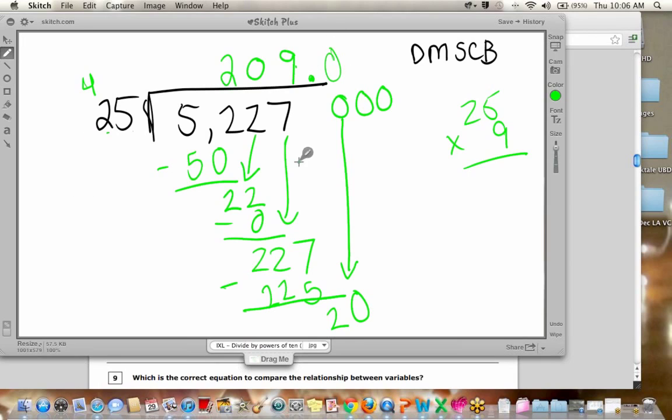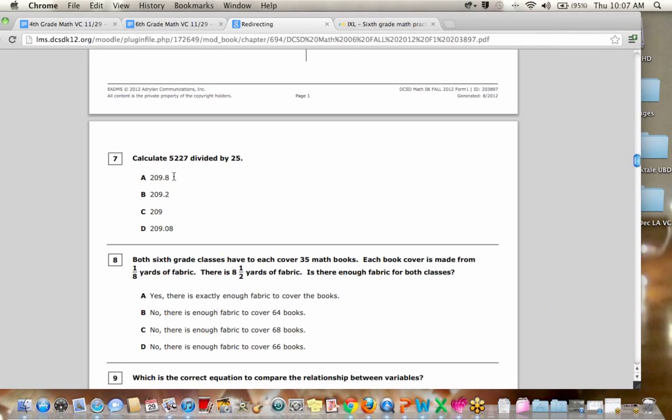And now I'm going to change this. Just imagine I did the subtraction. Bring down another 0. How many groups of 25 fit into 200? 8. That's right. And 8 times 25 is perfect. And so we have 209 and 8 hundredths. And there we go. There's your answer.